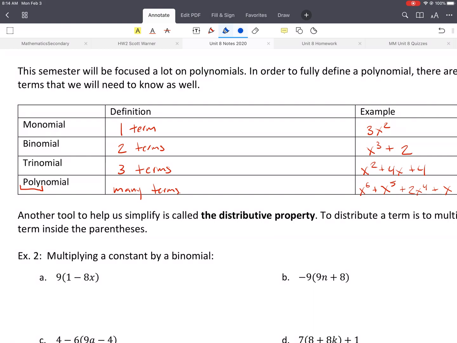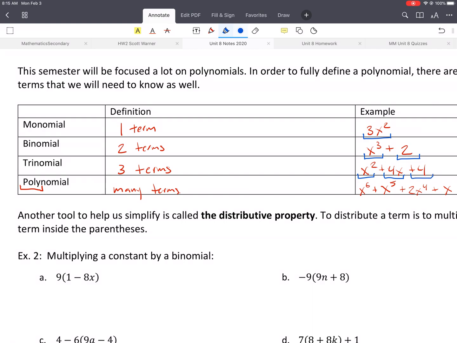So a monomial has one term. For example, 3x squared has one term. Binomial has two terms, like x to the third plus 2. Those would be two terms. Trinomial is three terms. Again, here's 1, 2, 3.